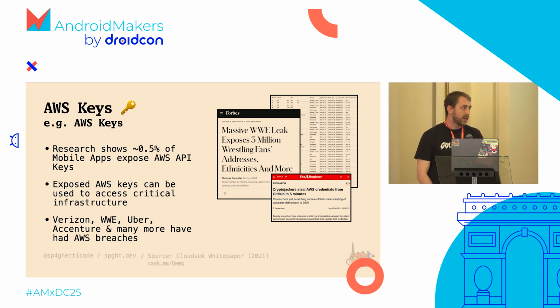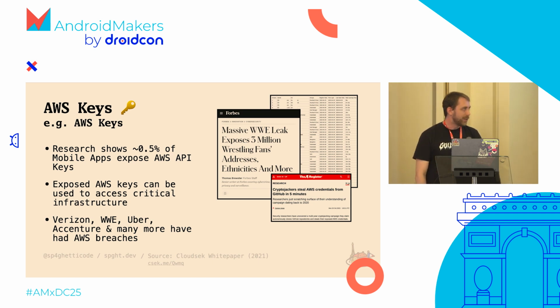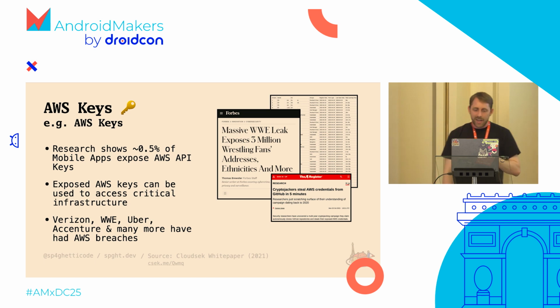You may have heard of leaks for Verizon, a mobile provider in the US, WWE, which is the wrestling, not the Save the Pandas, Uber, who do cars or something, I've heard of them, and other companies that have succumbed to massive breaches because of AWS credentials leaking.